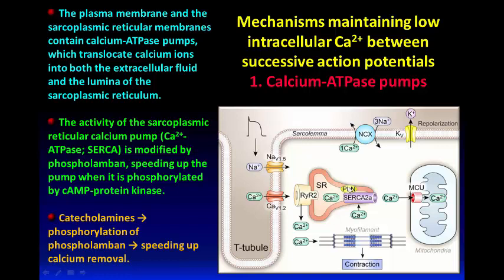So catecholamines, norepinephrine and epinephrine, noradrenaline and adrenaline, when they bind to their adrenergic receptors in the sarcolemma, they activate an enzyme known as adenylyl cyclase, resulting in an increase in the intracellular concentration of cyclic adenosine monophosphate, which functions as a second messenger for norepinephrine and epinephrine.